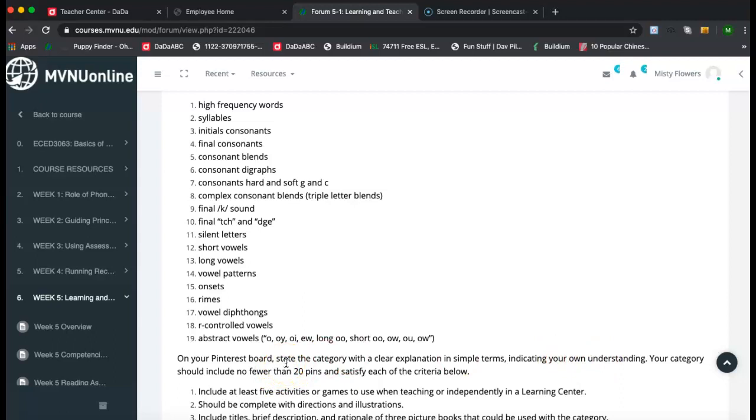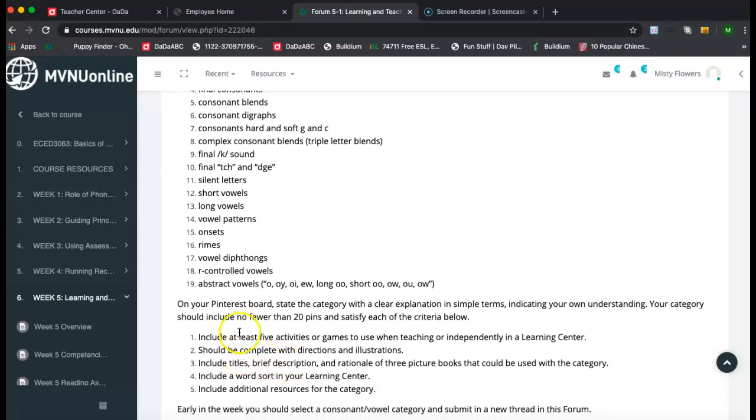Your category should include no fewer than 20 pins and satisfy the 5 criteria below. You're going to include at least 5 activities or games to use when teaching or independent use in a learning center.